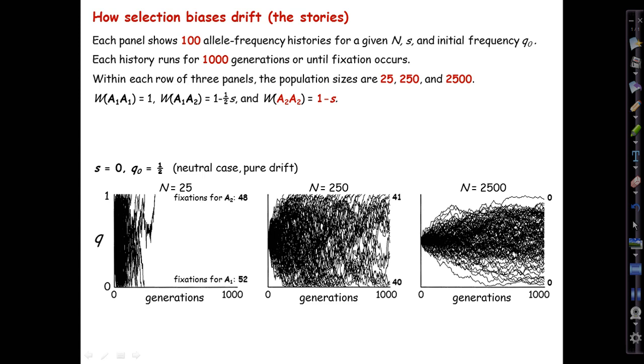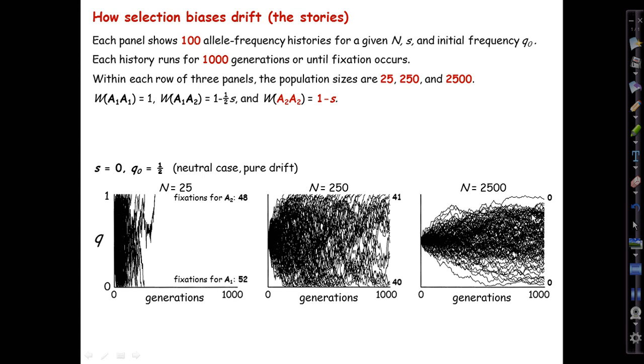No surprise. Likewise, in the larger population, where they haven't all fixed at 1,000 generations, but 81 of them have, and again, they are exactly half and half fixed for A1, half for A2, and it's clear the rest are going to fix equally both ways.